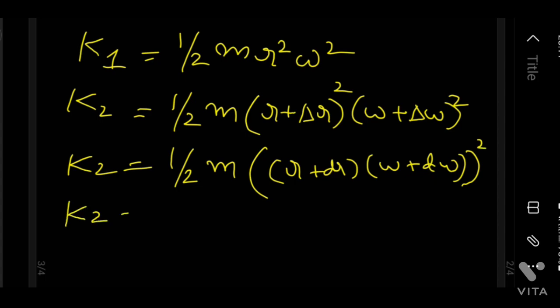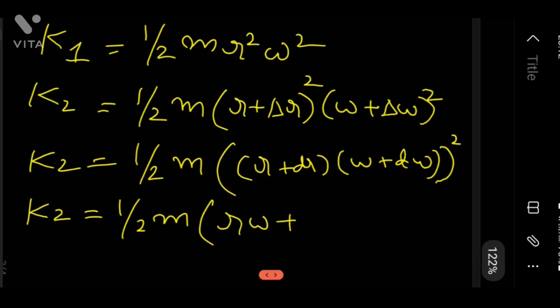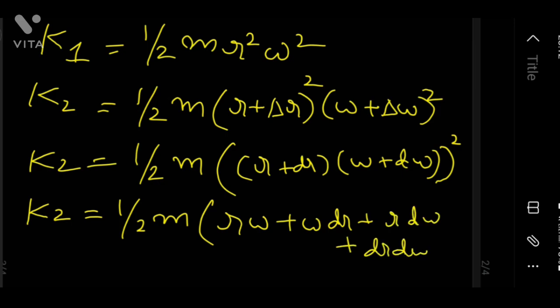So K2 is equal to half m times (r omega plus omega dr plus r d omega plus dr d omega) square.